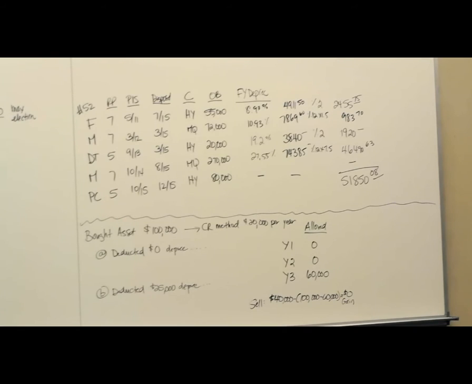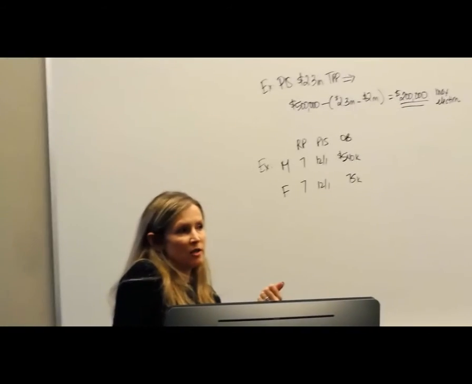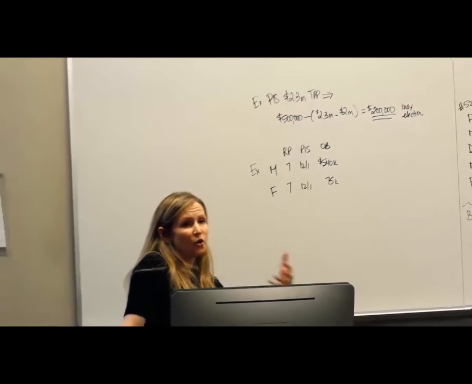The book touches on this concept of allowed versus allowable. I'm going to go into it a little more than the book does. Guys, you don't calculate depreciation just for purposes of taking a deduction. You also use depreciation to keep track of the value of your asset.